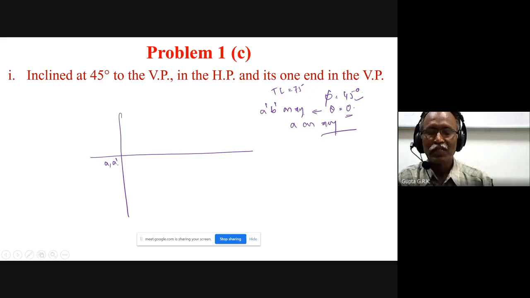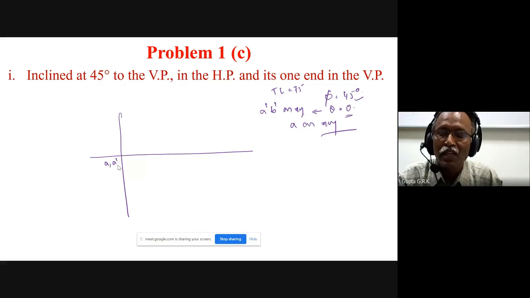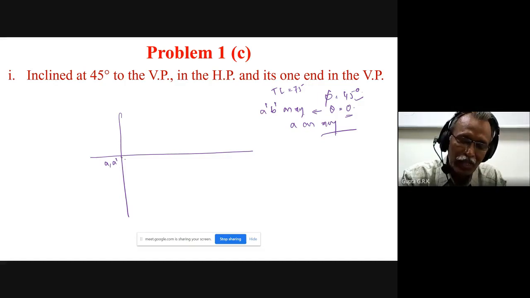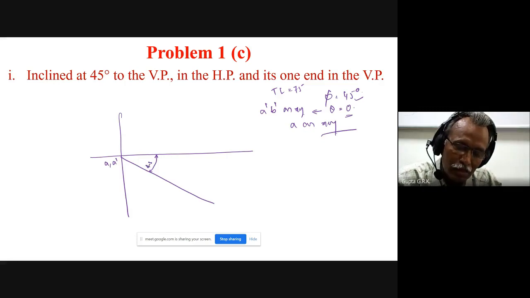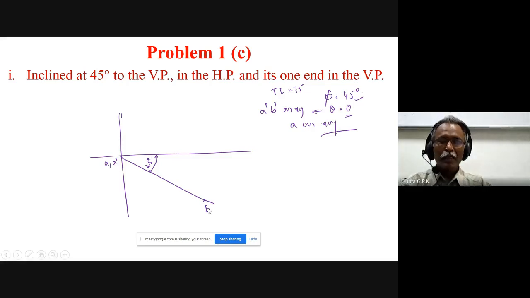Okay, that's enough. And so where will I see the true length? In the top view, and top view angle is 45 degrees. Am I right? So I can draw top view angle 45 degrees. This is 45 degrees, and I can fix B here. Am I clear? Yes, sir. Where will be B dash?